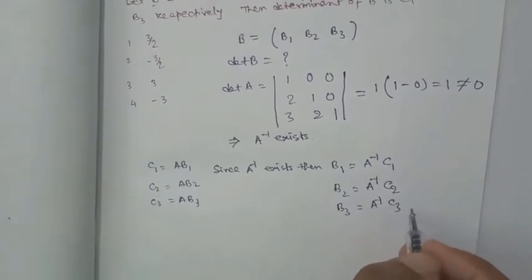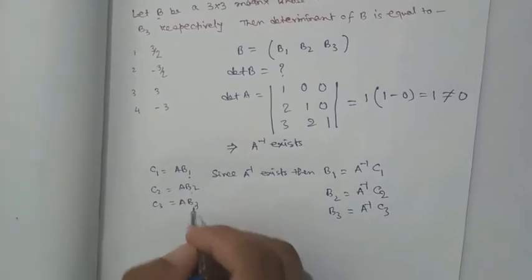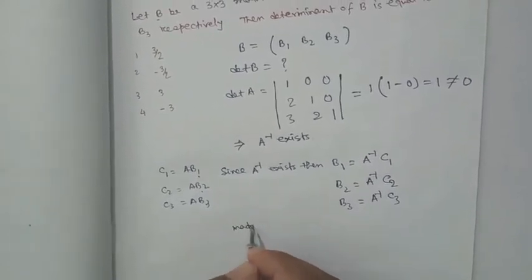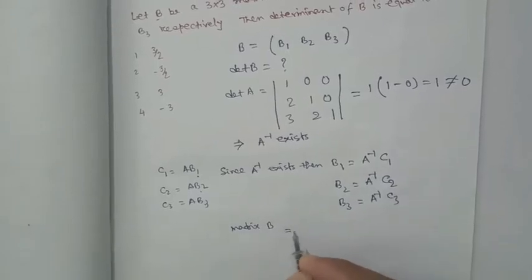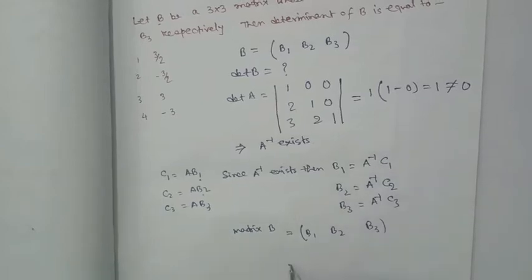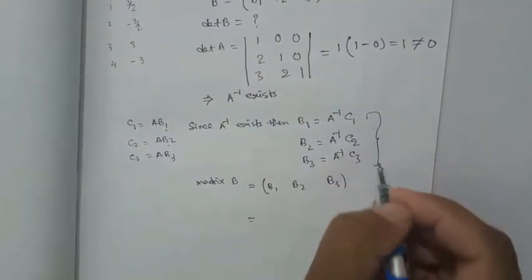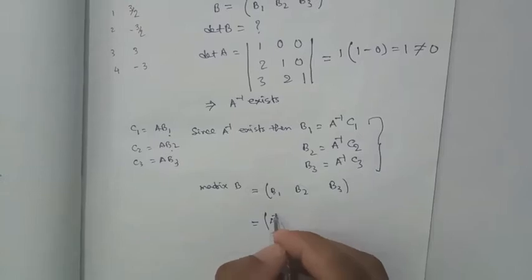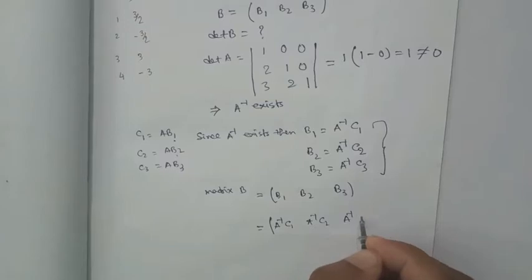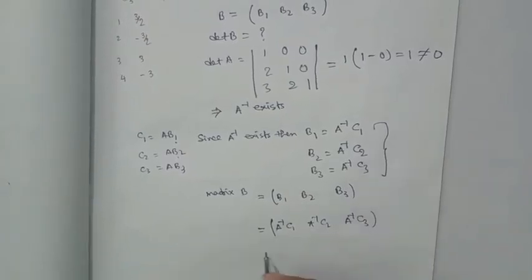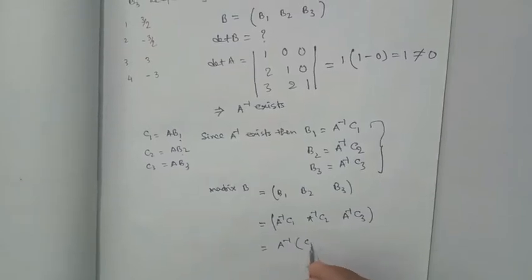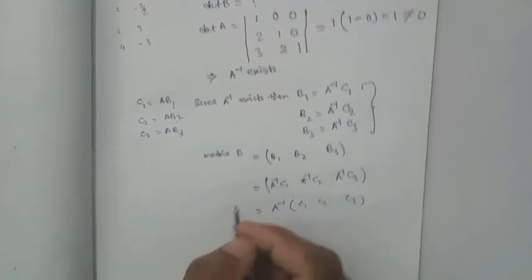Here friends, C1, C2, C3 are AB1, AB2, AB3. So matrix B looks like this: B1, B2, B3. If we put in the values, B1 means A inverse C1, A inverse C2, A inverse C3. Taking A inverse as common, we get A inverse into C1, C2, C3.